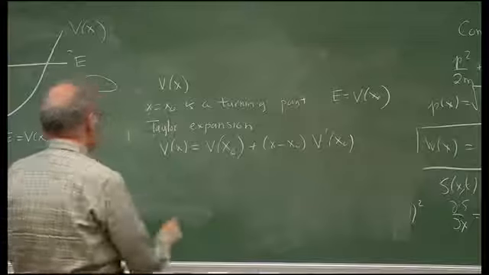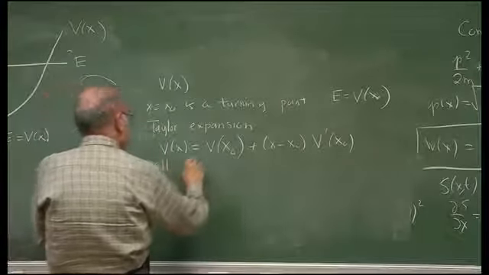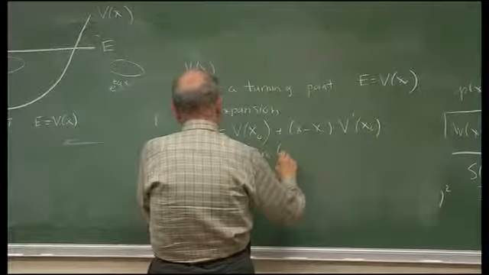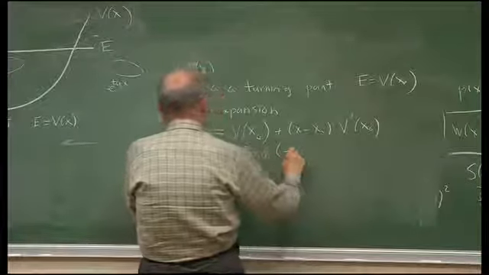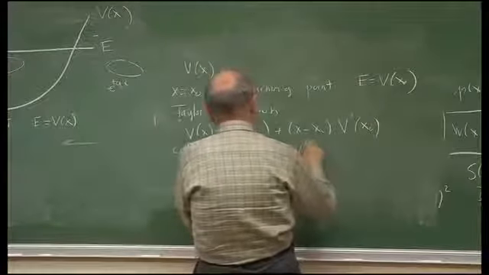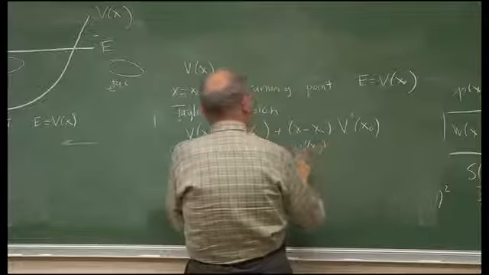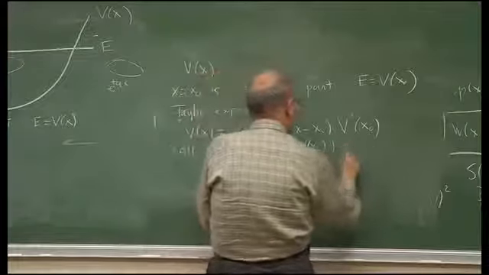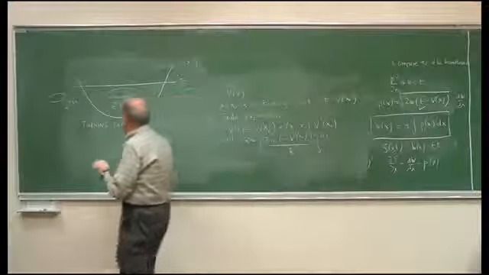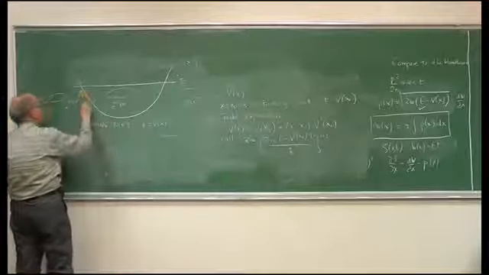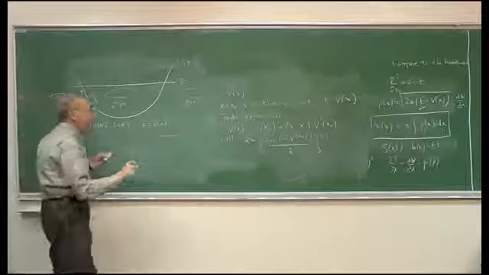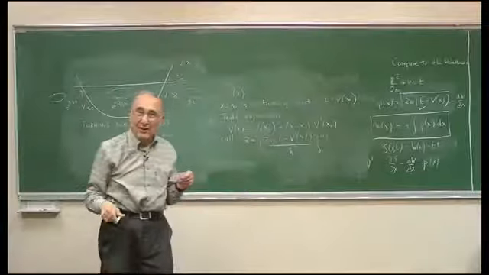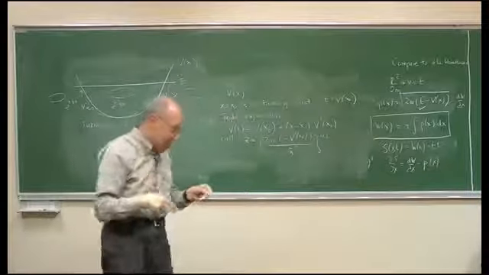So that if we call z equal to 2m times minus V prime x0 divided by h-bar squared to the 3/2 in here, because here V prime is less than 0, and here, of course, V prime is greater than 0, because the function is decreasing there, it's increasing there.